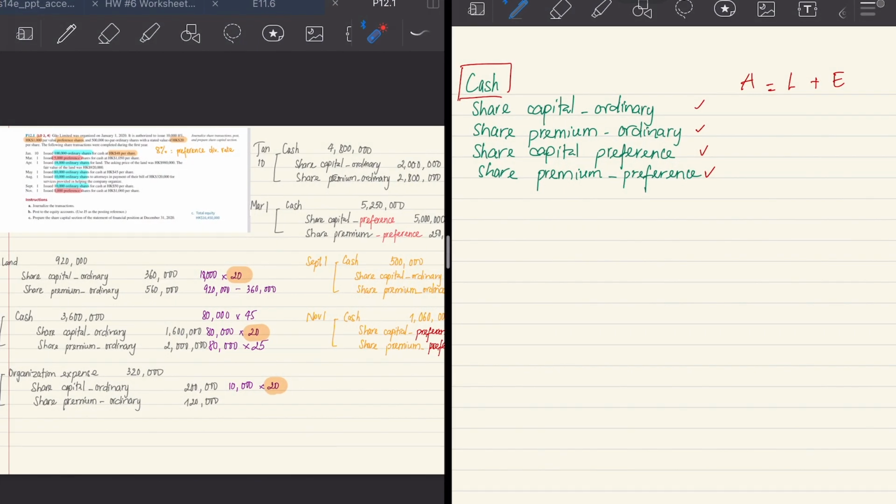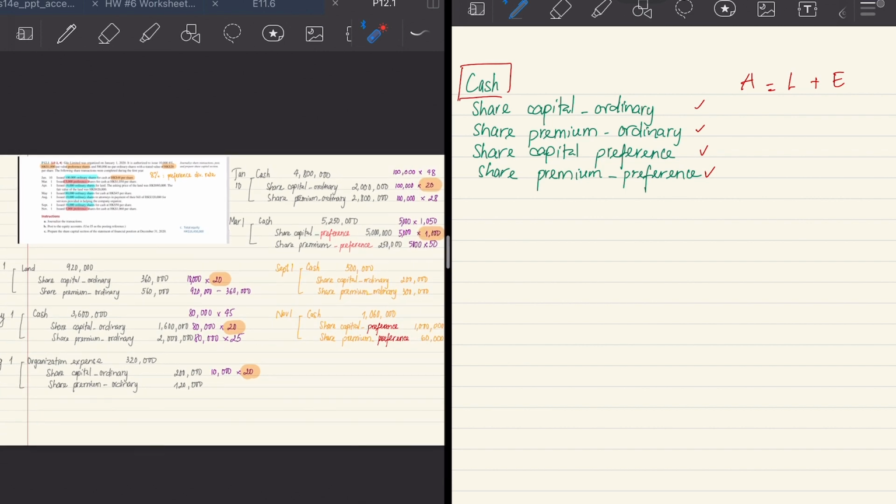Okay, so what we're going to do is list out all the amounts that we already did in part A to here.